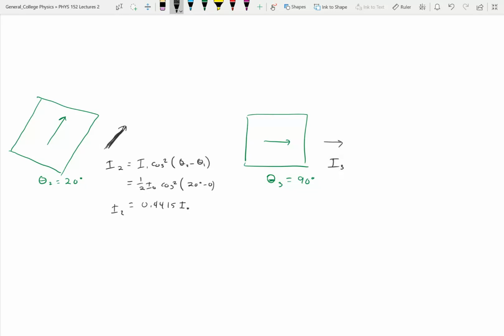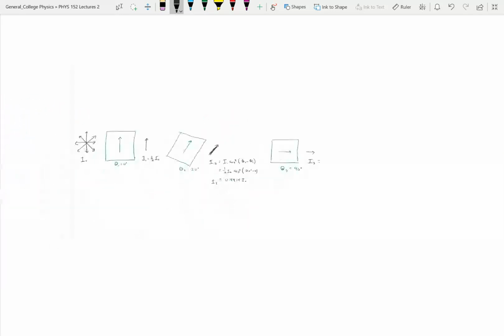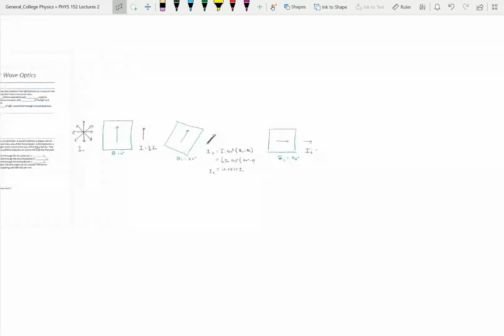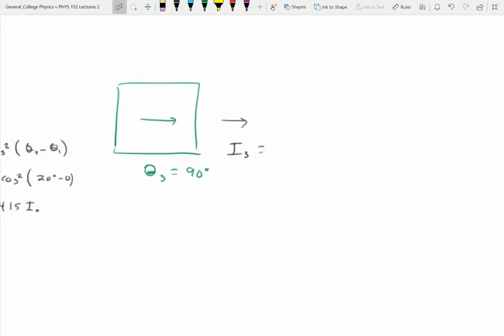And what's I3? The knee-jerk reaction is to say, okay, now we started with vertical, we ended with horizontal. Vertical has no horizontal, horizontal has no vertical. But the middle one, as we saw in lab, changes the light. So we're just going to have the law of Malus again: I3 is equal to I2 cosine squared of theta 3 minus theta 2.